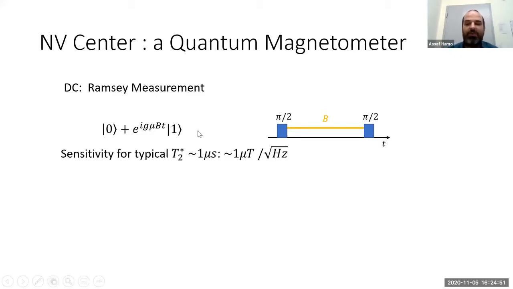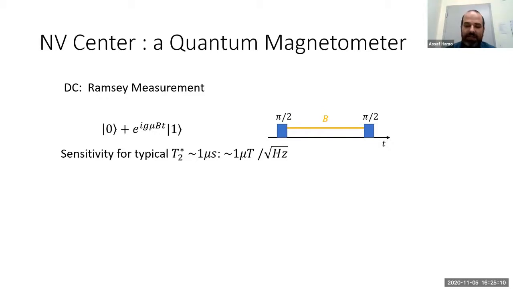Of course, this is the DC coherence time of this qubit, which for the NV center is about 1 microsecond, which limits your sensitivity to about 1 microtesla per square root hertz. This is already very good, but you can get better.